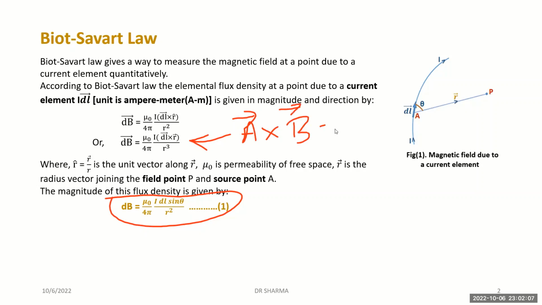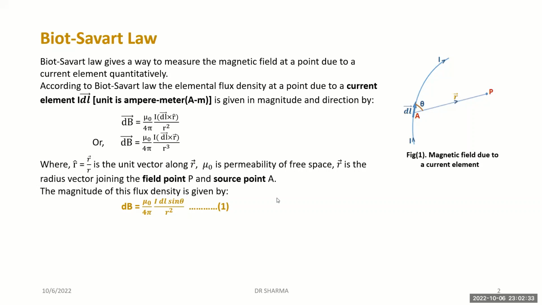Say a cross b is equal to ab sin theta. Here dl cross r will be equal to dl r sin theta, where theta is the angle between dl vector and r vector.